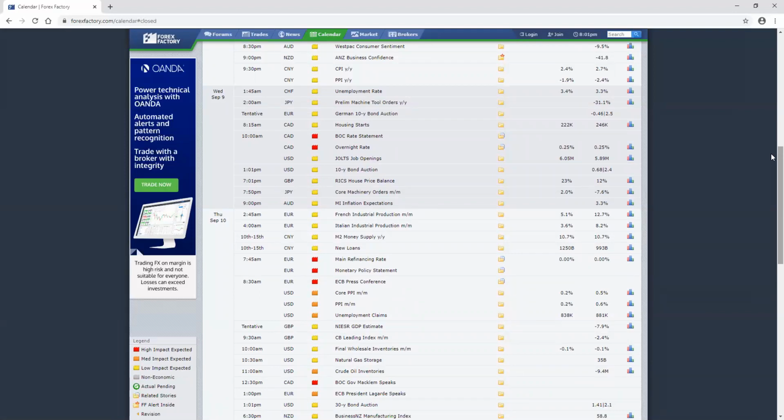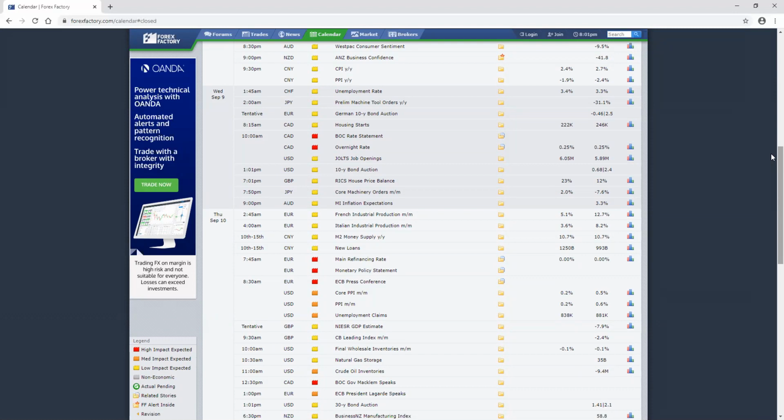Wednesday, the biggest news that's on the calendar is Canada's bank rate. These are going to be the bank rate statements. Anytime a central bank, not just Canada, is doing a rate change or has anything coming up on the calendar about a rate, whether it's the interest rate, overnight rate, bank rate, whatever the case may be, there's always going to be a statement that goes along with it to tell why they did it, what the outlook is for that rate, and who voted yes, no, or was neutral on the whole idea.